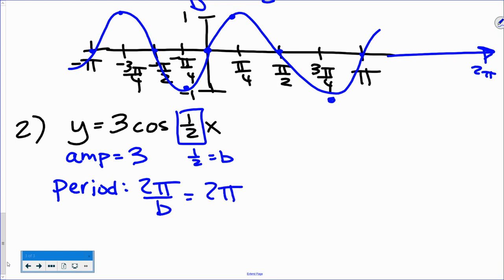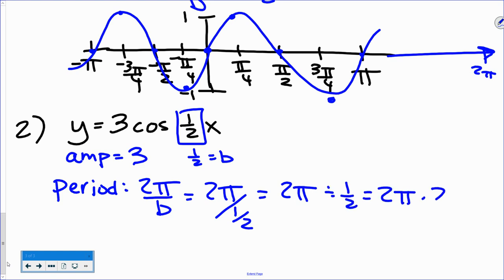So when I take 2 pi and divide by a half, remember we're doing 2 pi times 2 over 1. So 4 pi would be my period.